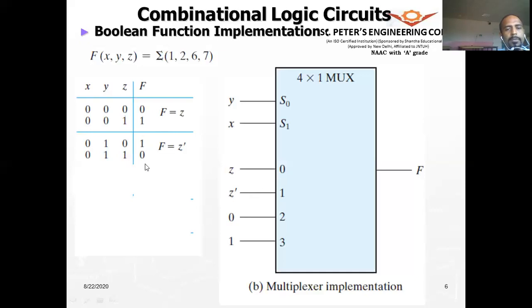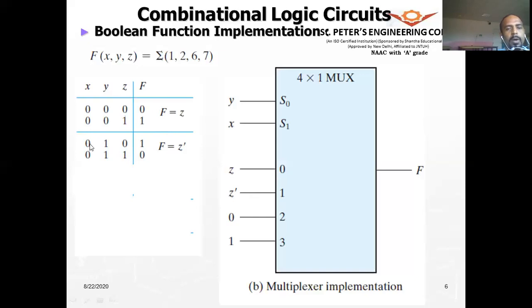Now why the complement? The function output is 1 for the minterm 2, and for the minterm 3, the output should be 0. So the function is high for the minterm m2.